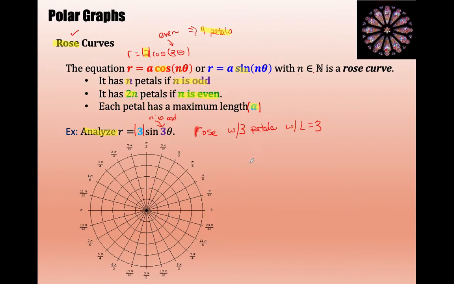So you have your calculator. Go ahead and put it in your calculator and look at it. While you look at it, I'm doing this. And remember, this time I have 3 cycles in a distance of 2 pi.